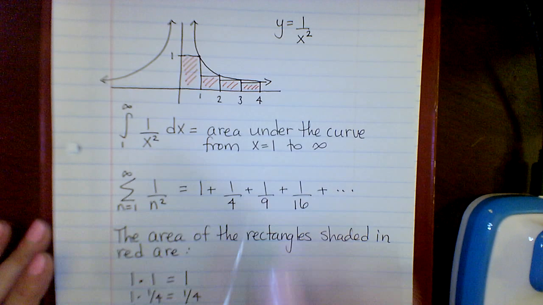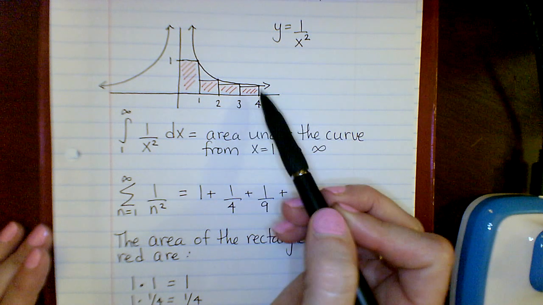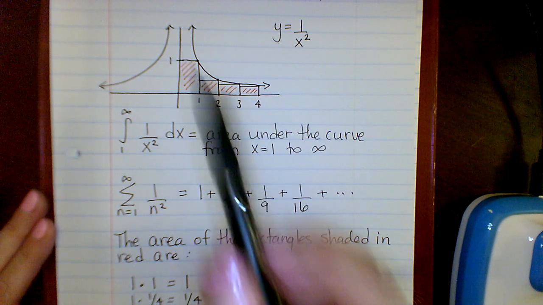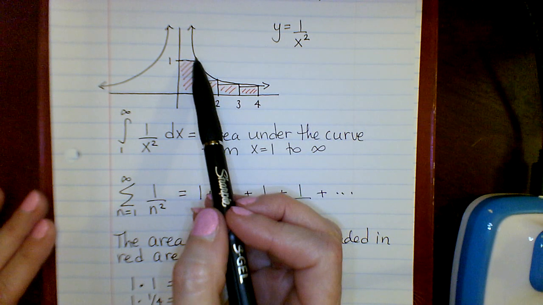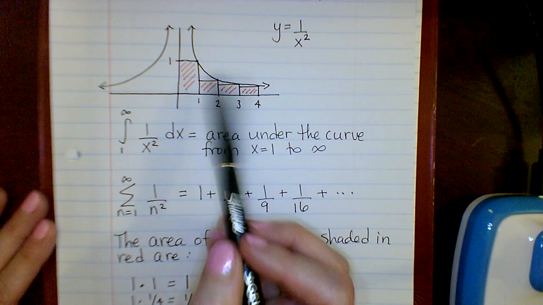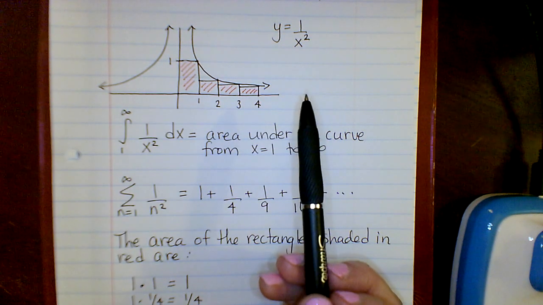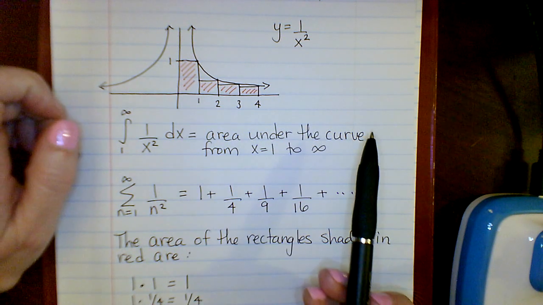So when I start talking about the cumulative area, now I'm starting to talk about the partial sums of my series. So the area under this curve, here's where it gets a little weird, because the area goes from 1 to infinity. So we get this extra little box over here, and that's what's going to change things for us.